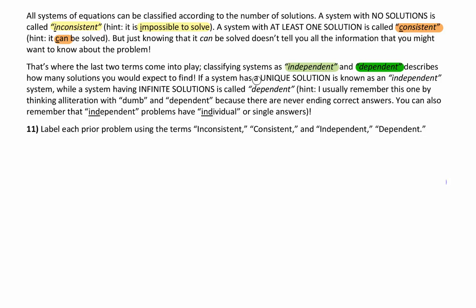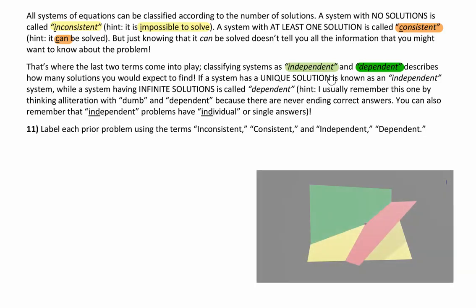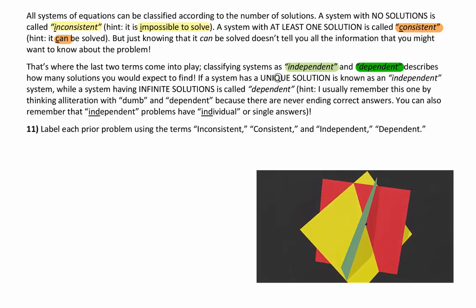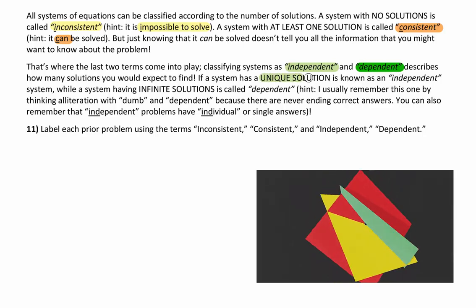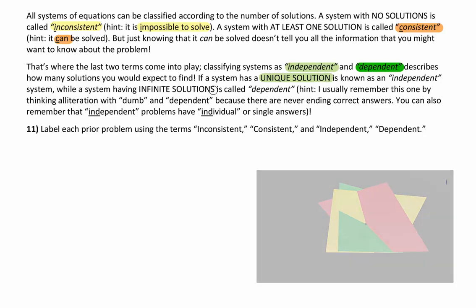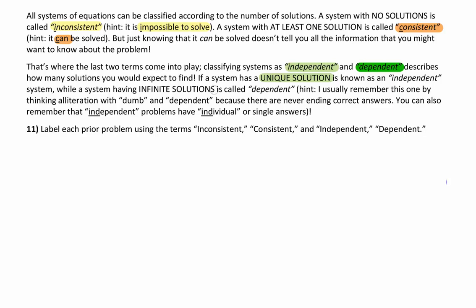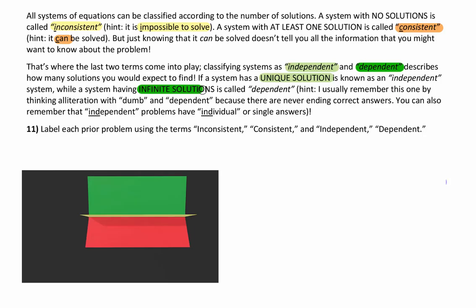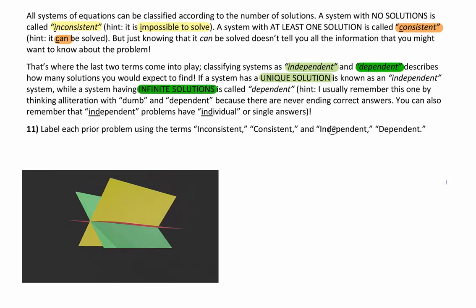If you have a unique solution, one solution, it is known as being independent. So you have an individual solution. If something has an infinite number of solutions, so they would intersect at a line or all three planes are the exact same, that would be dependent.